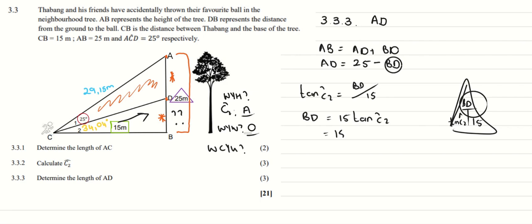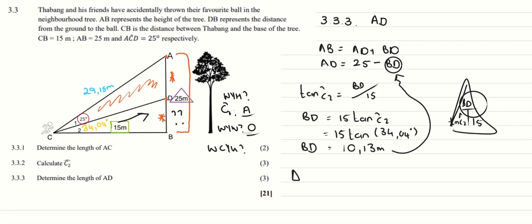And then we just type this in on our calculators. This was 34.04, and then we find that BD is equal to 10.13 meters, right? BD is 10.13 meters.